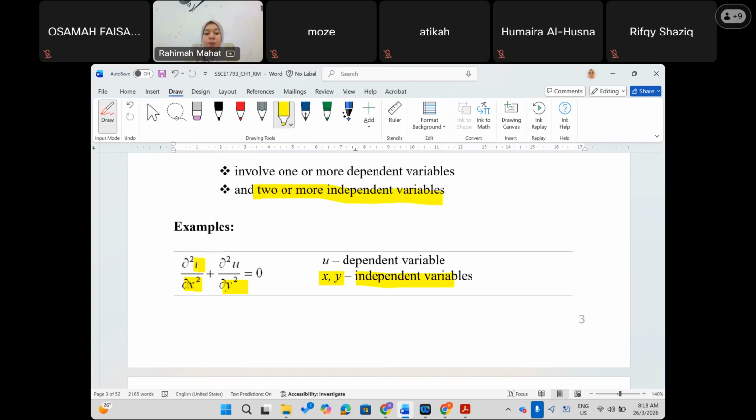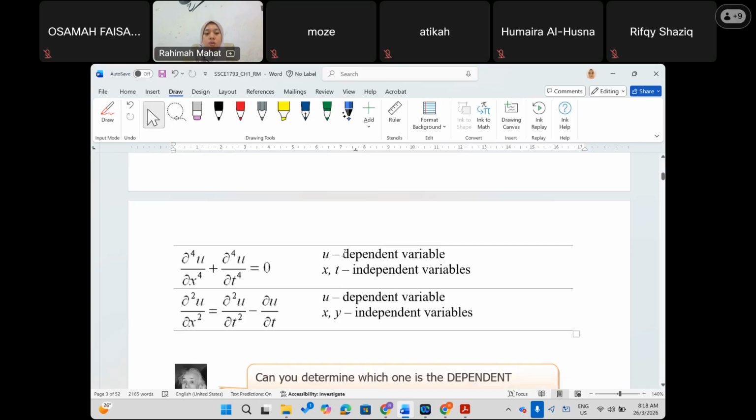However, the upper part here, u, is the dependent variable. It means that if you want to get the answer of u, differentiating u, it may depend on x and y. However, x and y are independent, not depending on u. That is why we call u dependent, and x and y independent.